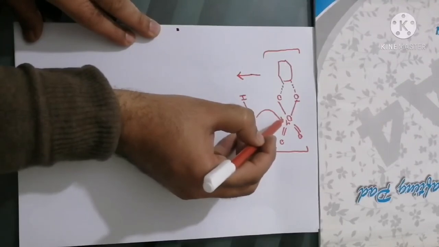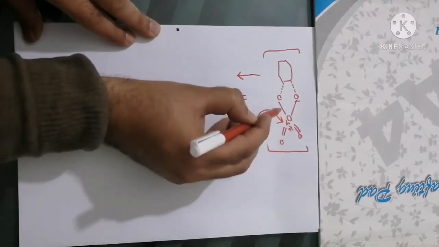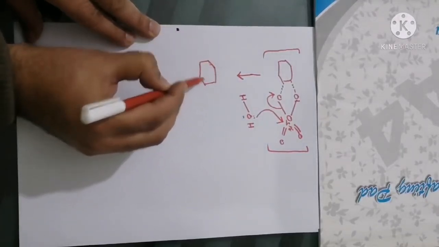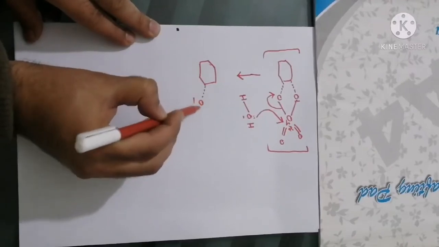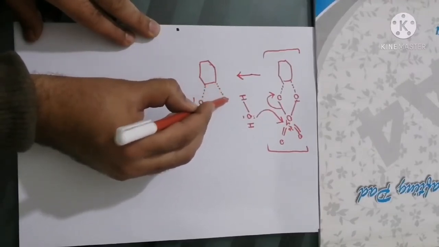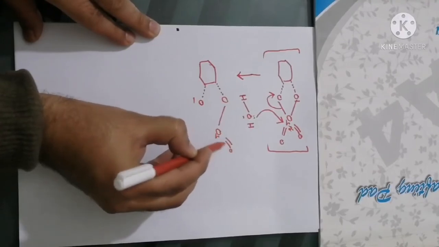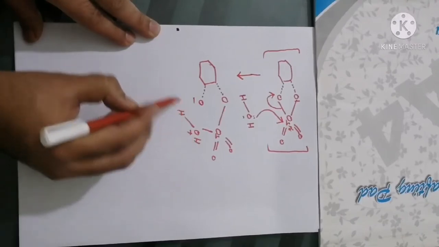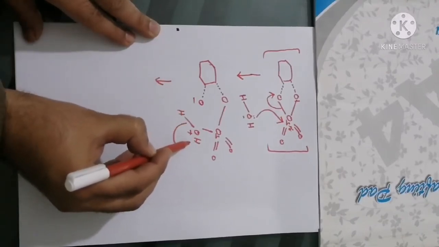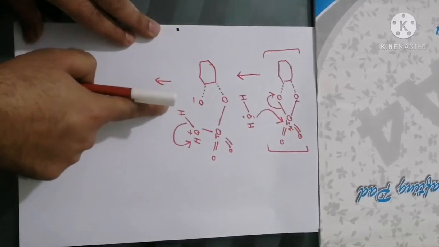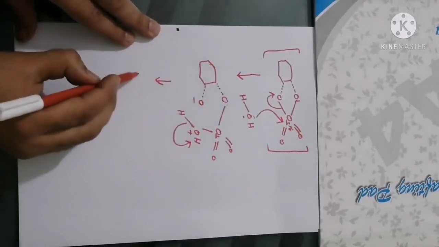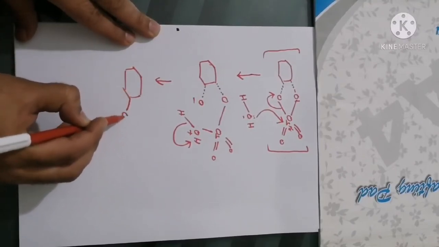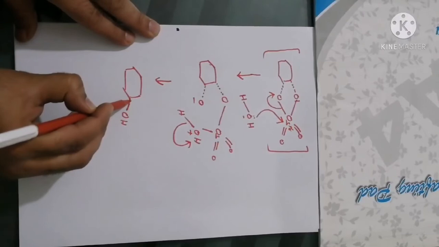When this attacks over the osmium, because it has a partially positive charge, this bond moves over here, and then there is a shift of the proton from here to this negatively charged oxygen. We get this, shown in the dotted line.